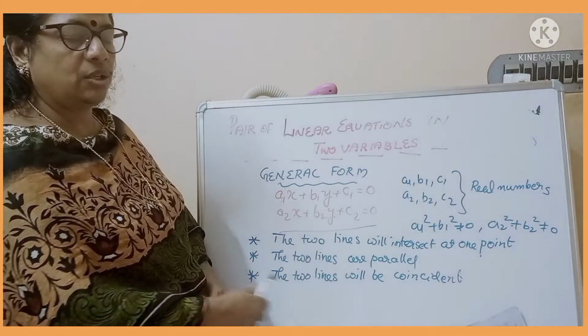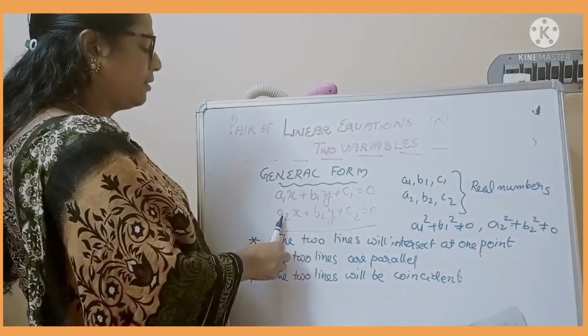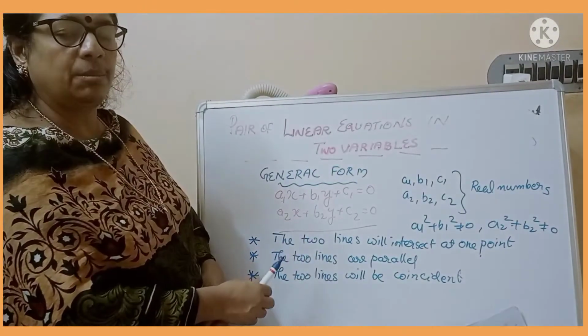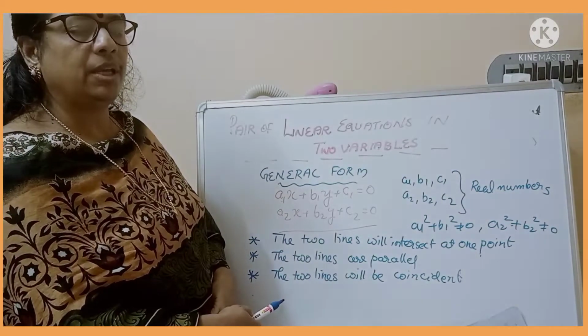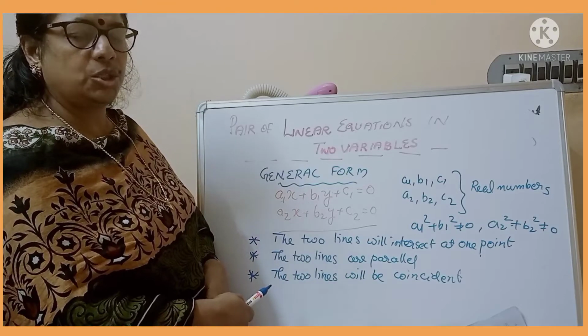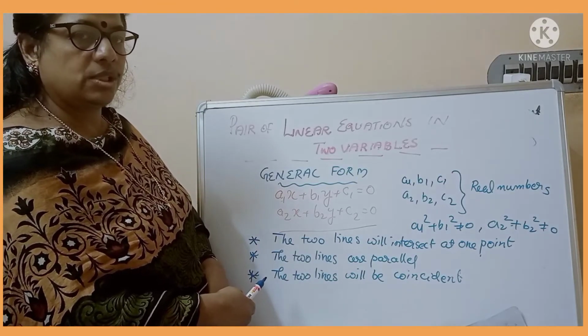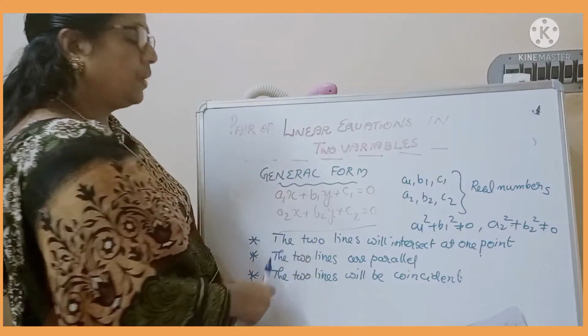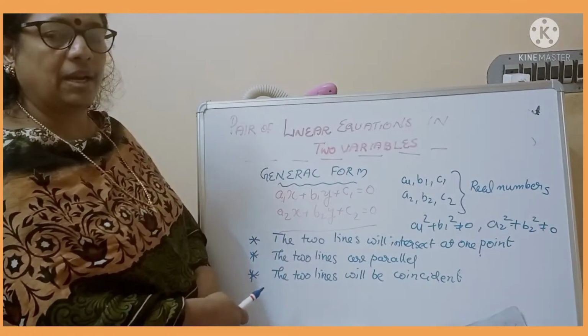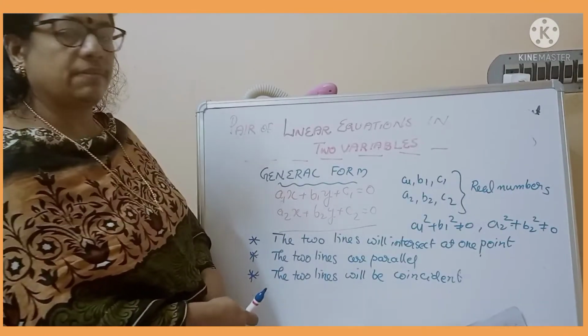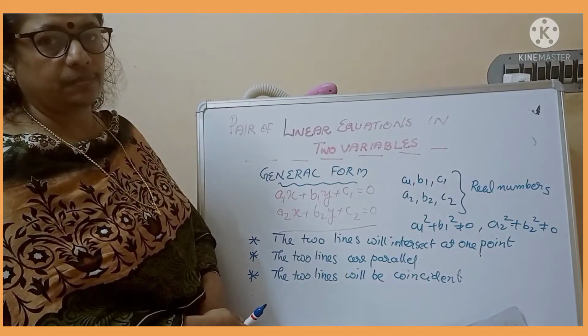By finding the coefficients, that means a1 by a2, b1 by b2 and c1 by c2. There will be a relation between each one, and we can check when the two lines will intersect, when the two lines will be parallel, and when the two lines will coincident each other.